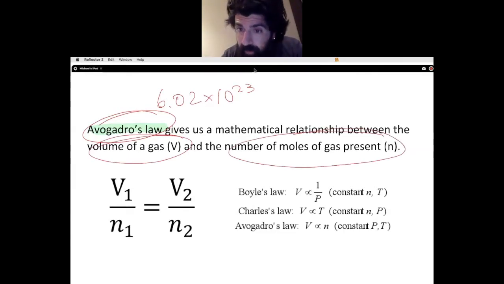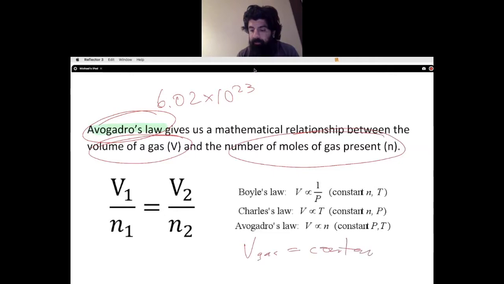But be aware, up until now, we've been assuming that the volume of a gas is based on the container, and that the volume can change if the size of the container changes.